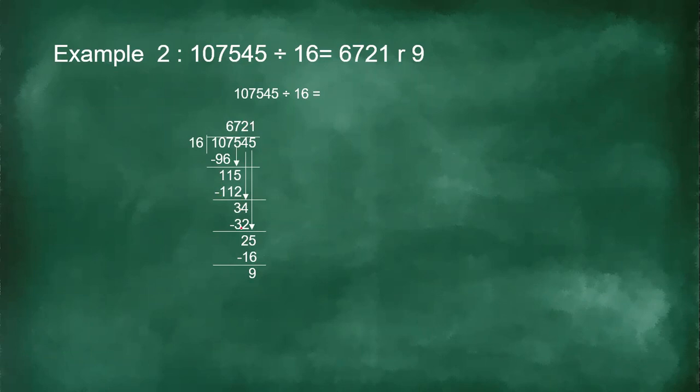We subtract here, and then we have the 2. We bring down the 5, right? As you said. Yes, then you say 25 minus 16 is 9, and 16 into 25 is 1 time. The remainder is then 9. All right.